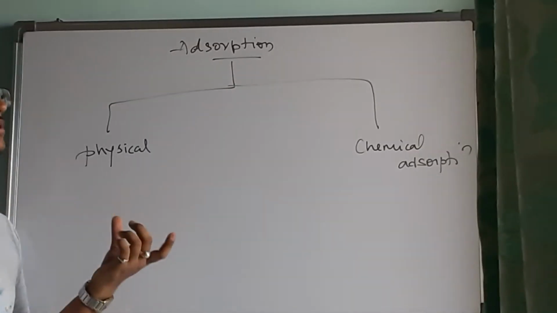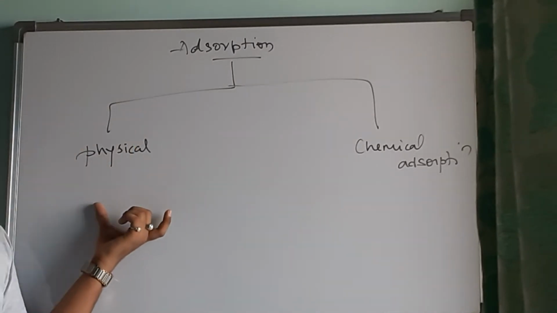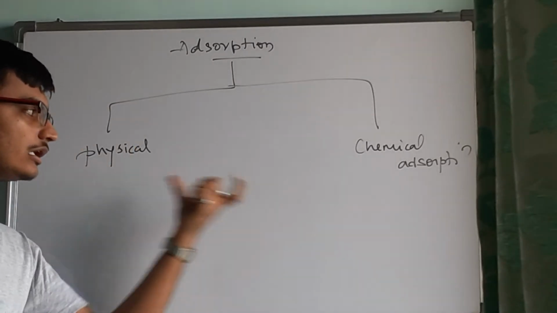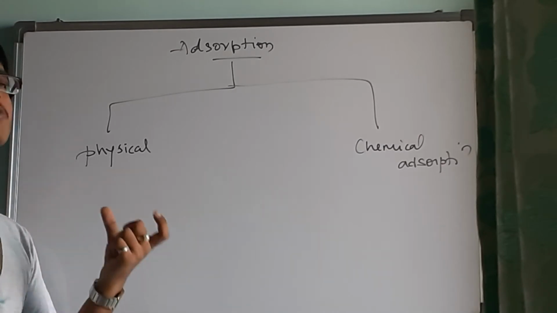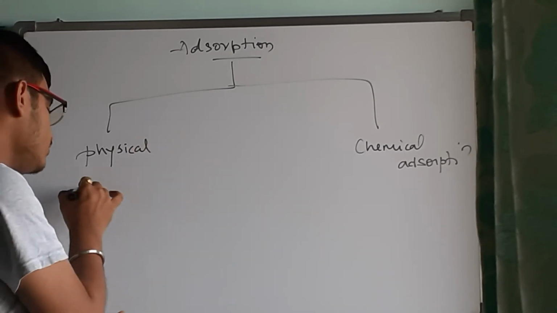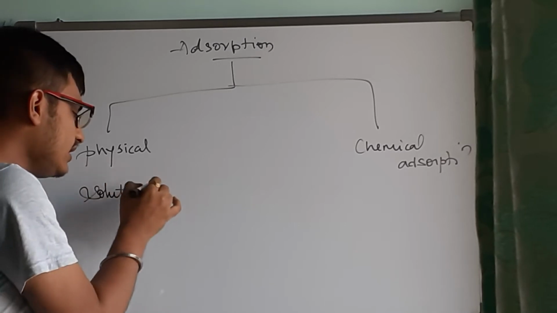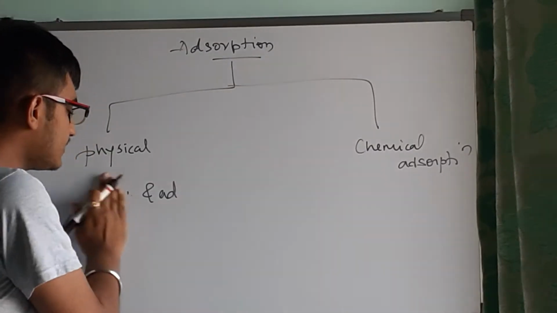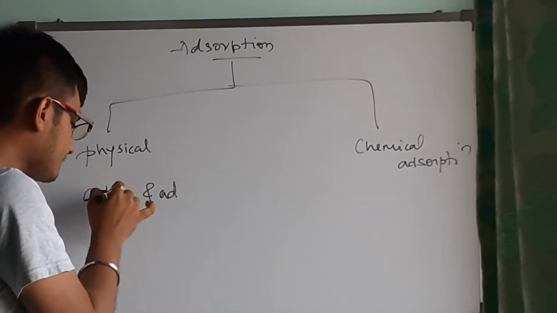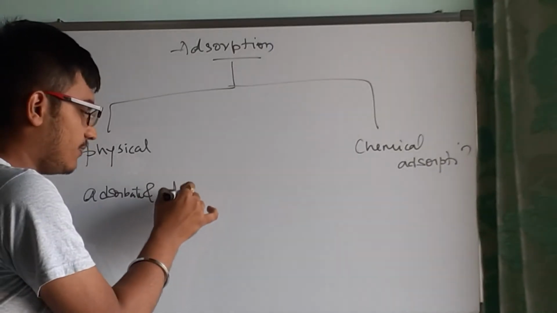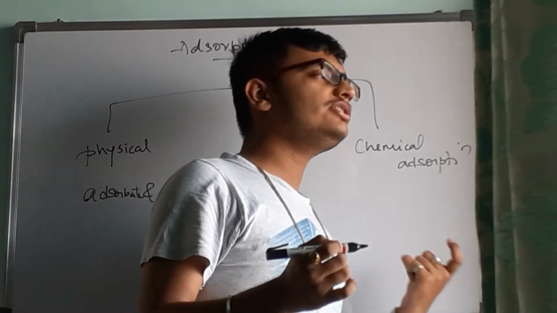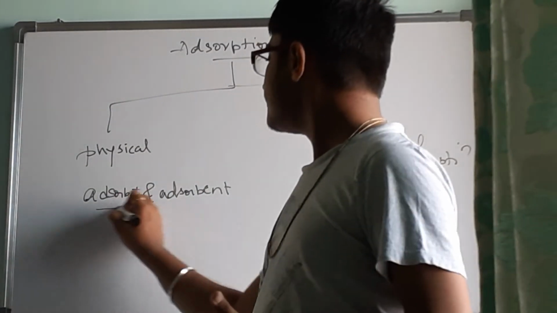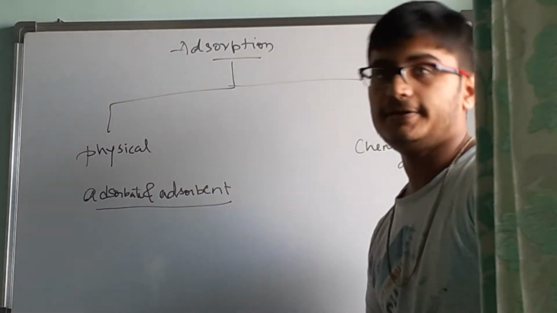So basically these two are the different types of adsorptions which are different on the basis of the forces between the solute particle and the adsorbent, that is adsorbate and adsorbent. Basically they are different based on the forces that are present between the adsorbate and adsorbent.